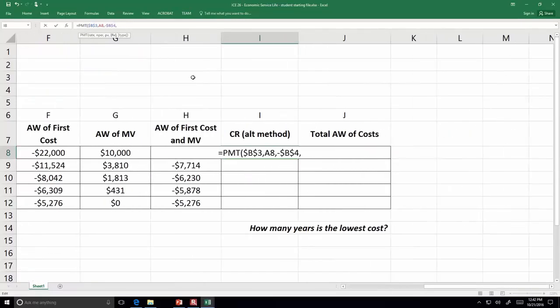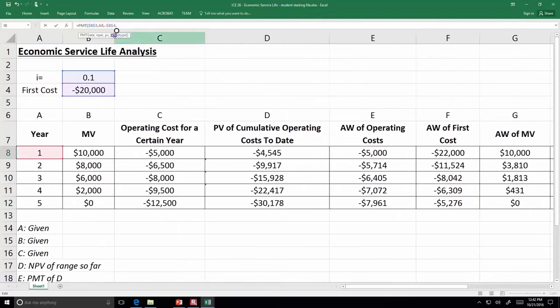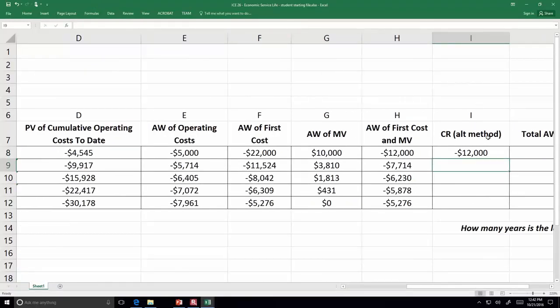and then comma, now it's asking for the future value. The future value is the market value of the item. So I'm going to put negative and of the future value for the row that we're on. And so in a single formula, it's handling both the present and the future value and getting the same thing as if we had calculated them separately and then combined them.